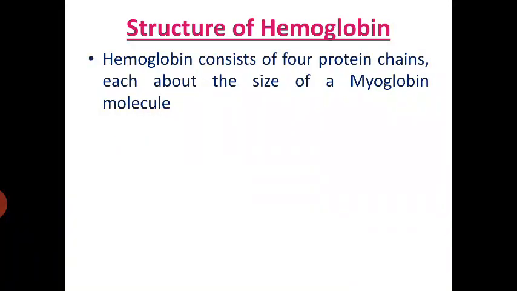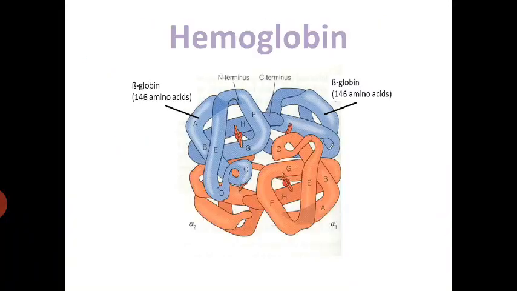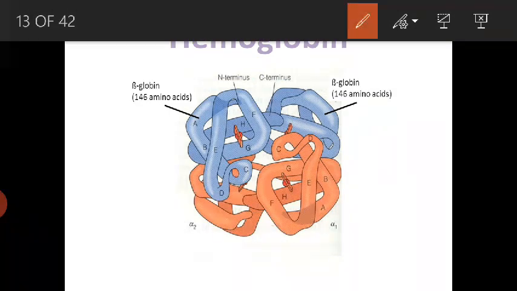Just let us see the picture once again. So here these two are beta globins, in which beta chains only 146 amino acids are there. Then coming to the next two chains, those are orange in color.